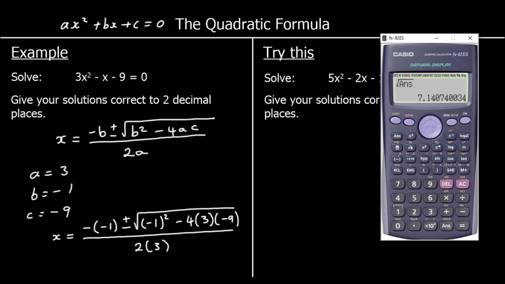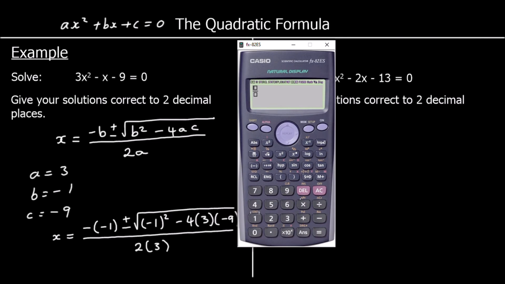So fraction button first. So we've got minus -1 plus the square root of -1 squared minus 4 times 3 times -9 over 2 3's.